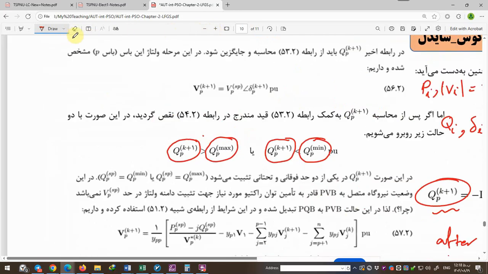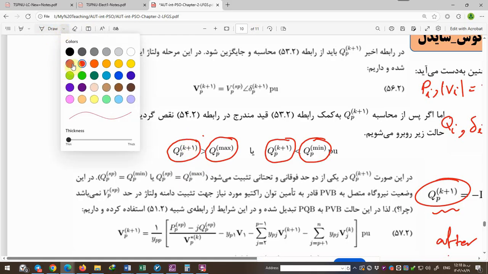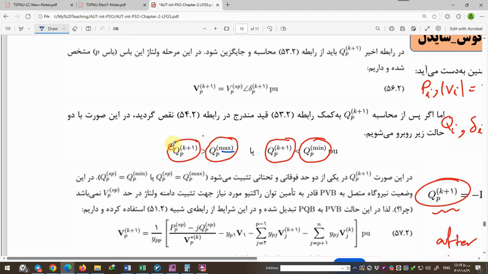For example, if your calculation is more than maximum, you have to fix the calculation at the maximum and continue the iterations.